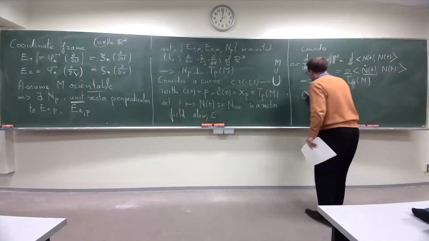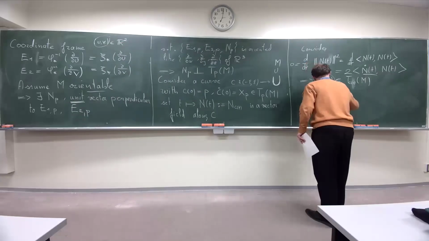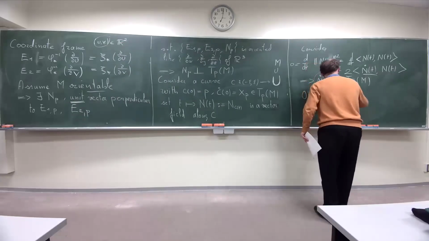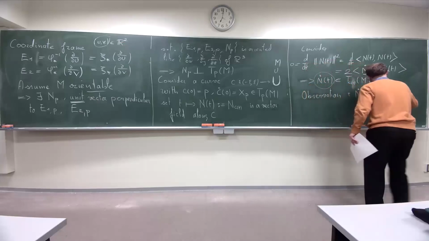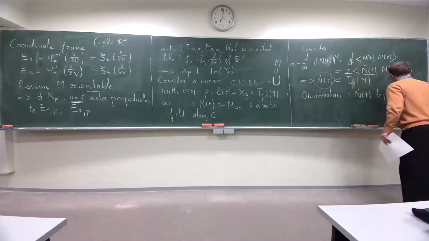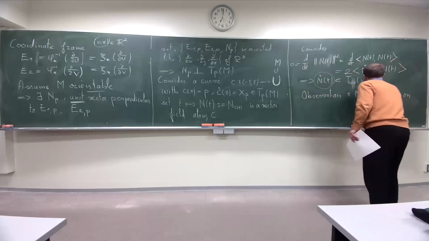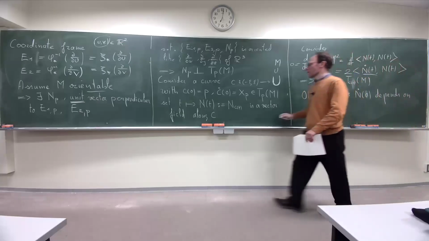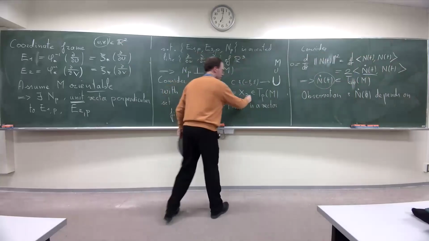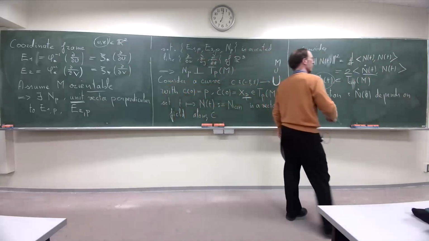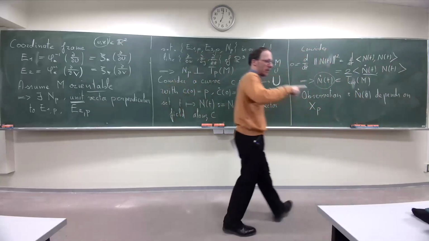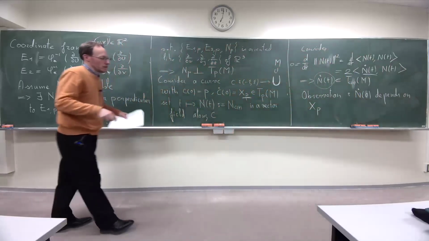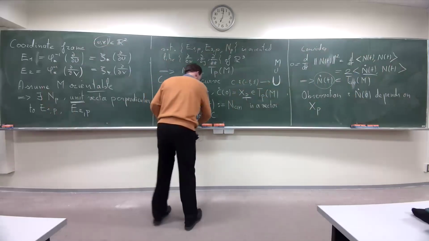So observation: this n dot of t depends on, or let's take it at 0 because I already gave a name to it at 0. This derivative at 0 depends on xp, because it's a tangent vector along the curve at this point.